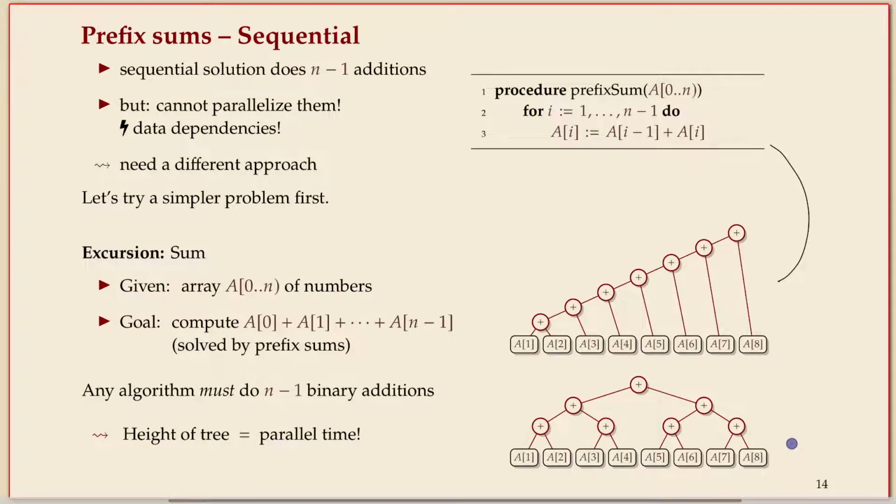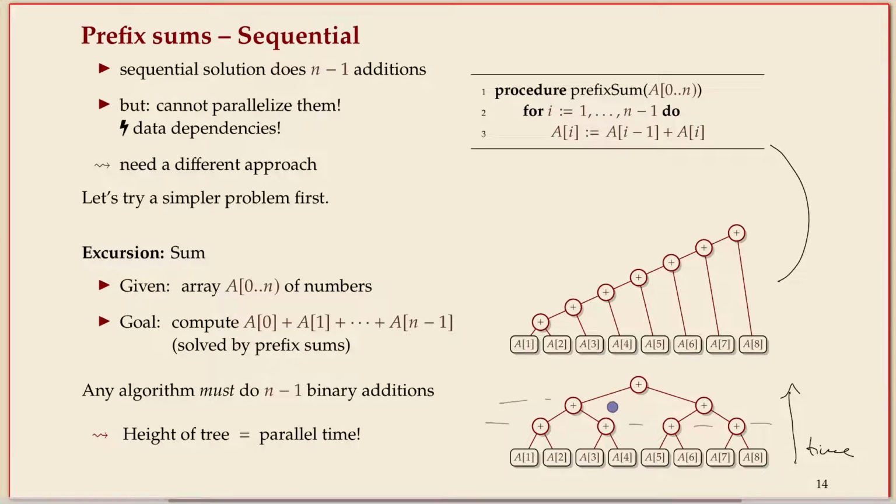And now, if you compute this bottom up, you notice that the way the tree is already drawn shows this. A lot of things can be done in parallel without data dependencies. I can add these 2, and I can add these 2. They don't interfere with each other. So I can do level by level bottom up. This is the first time step.